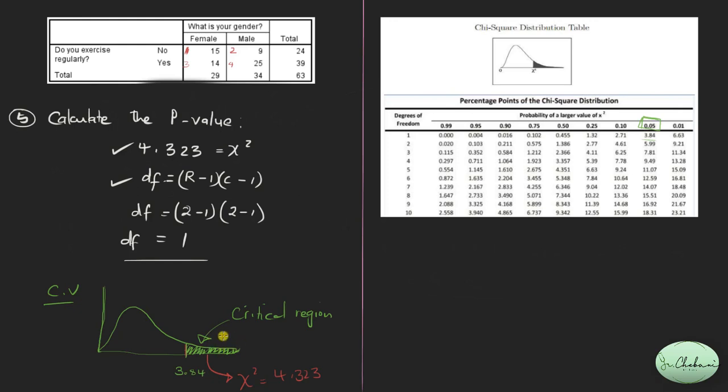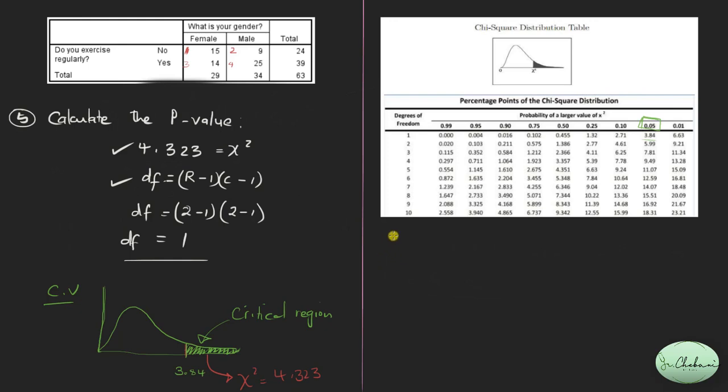We reject the null hypothesis, meaning that there is evidence to show that there is an association between gender and exercise. That's the critical value method. But I want us to look at the p-value method, mostly because that's the one that's reported in journals and in research generally.